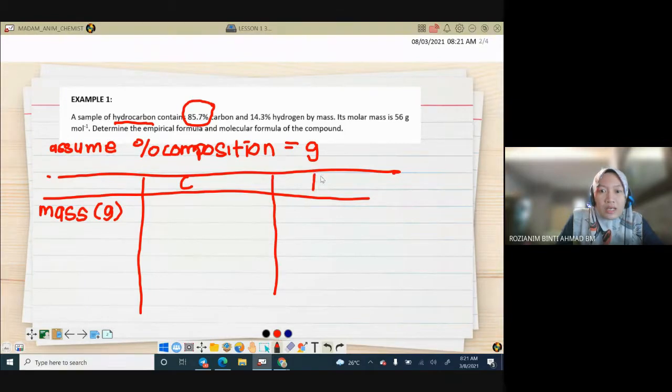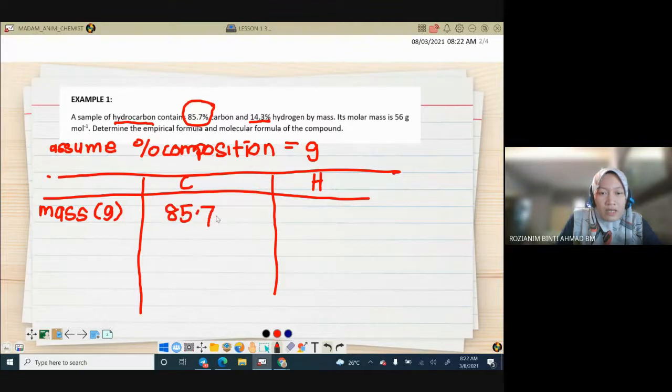So yang ni saya kena discuss dulu sebab ini adalah basic concept untuk kita bereksperimen. Okay, so carbon consists 85.7%, you just label dia dalam table. And then for the hydrogen consists of 14.3%.